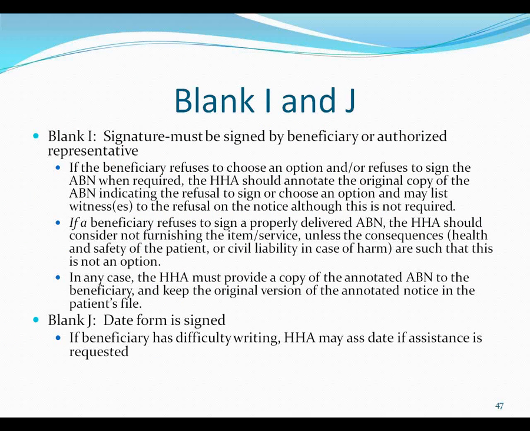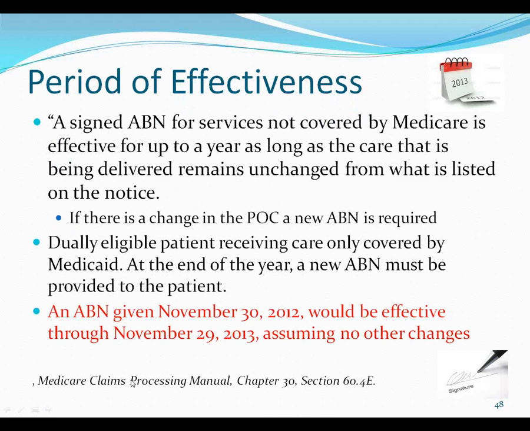The next section, oh, I did this section already. I'm sorry. So the period of effectiveness. Signed ABNs for services not covered by Medicare are effective for 1 year, as long as you don't change the care. So if you do change the care, in any way, you would have to do a new ABN.